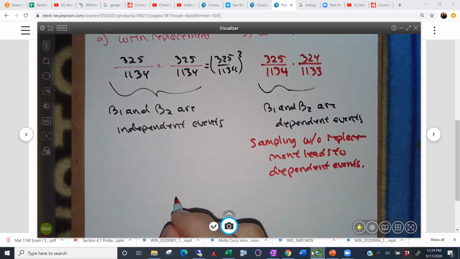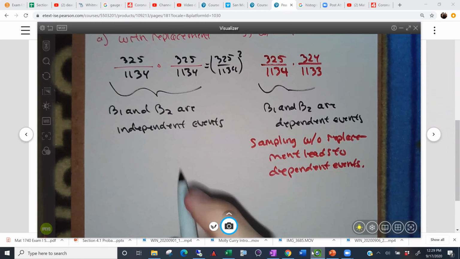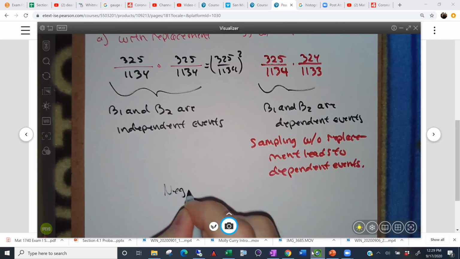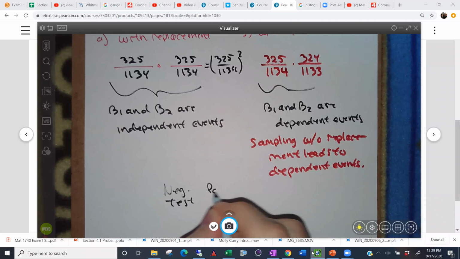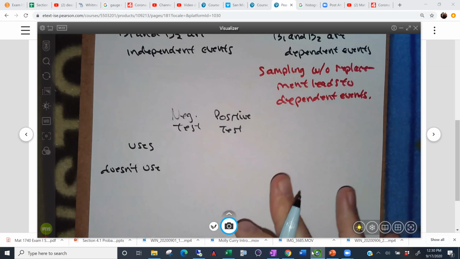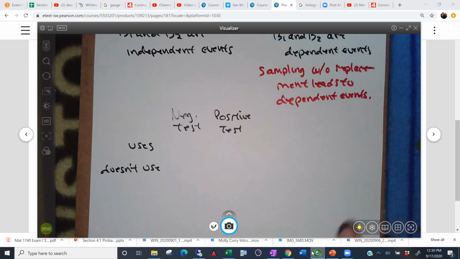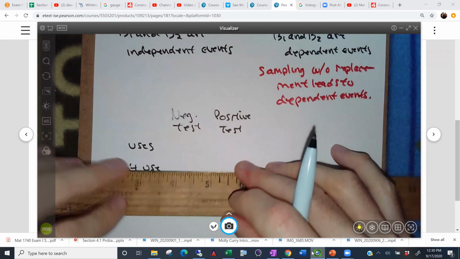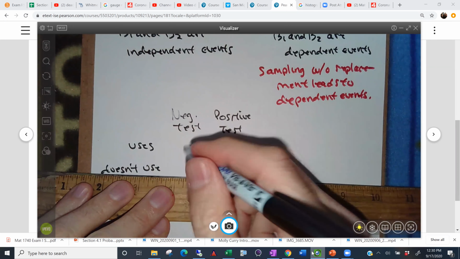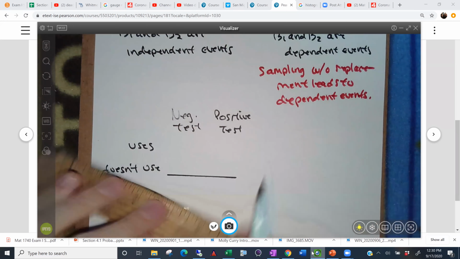So we'll write negative test and a positive test, and then uses marijuana and doesn't use. Let's draw ourselves some boxes here so we can fill those in.